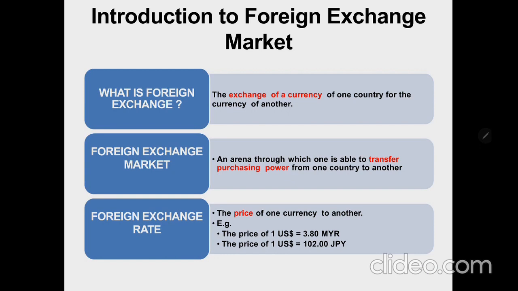And what is the foreign exchange rate? The foreign exchange rate is the price of one currency in terms of another currency. For example, 1 USD is equivalent to 3.8 Malaysian ringgit. The second example is 1 USD equivalent to 102 Japanese yen.